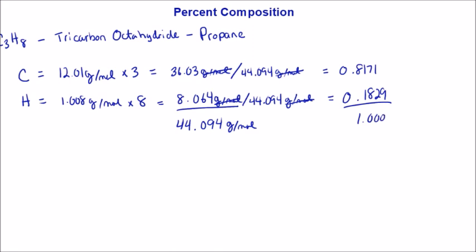Now, if I want to make this an actual percentage, which in most cases we will want to do, you just multiply each one by 100% to get my actual percentage in the format that you're more used to seeing. And of course, if you add these up now, they should add up to 100%.